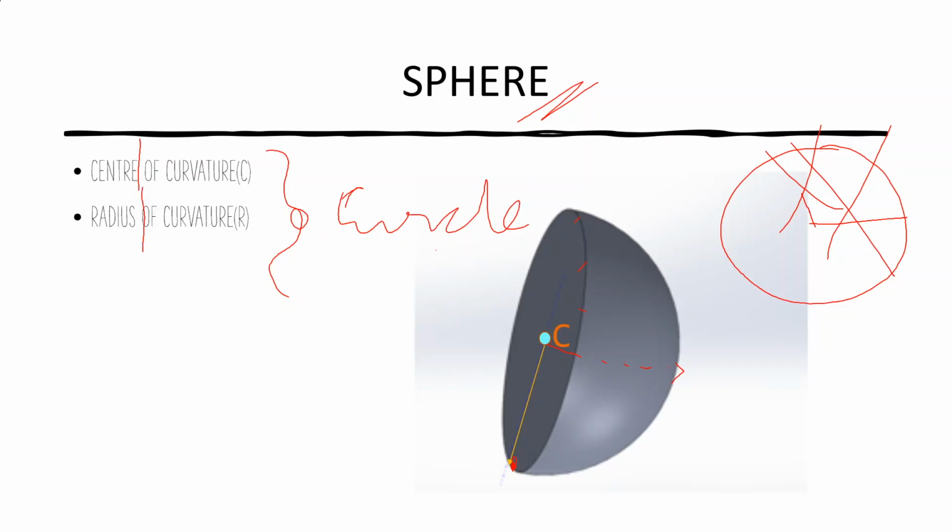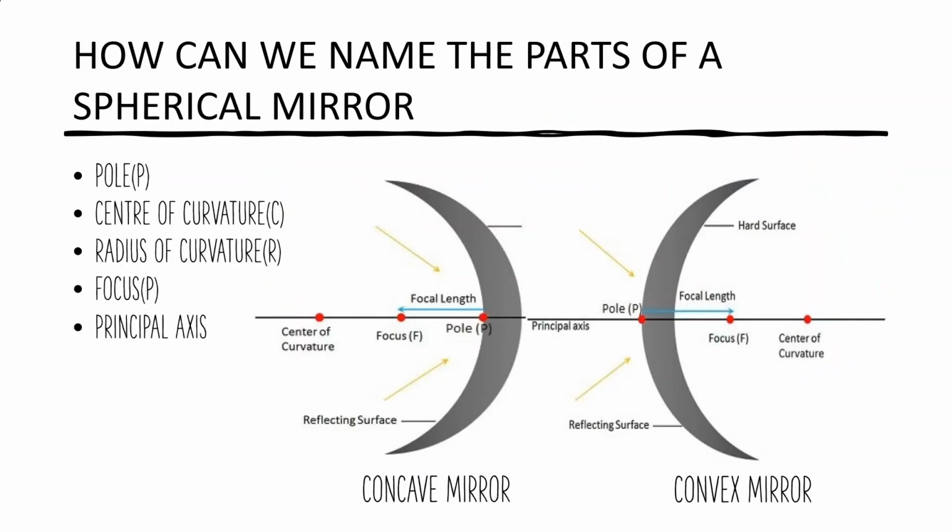That is the only difference. This is three-dimensional, and a circle is two-dimensional.